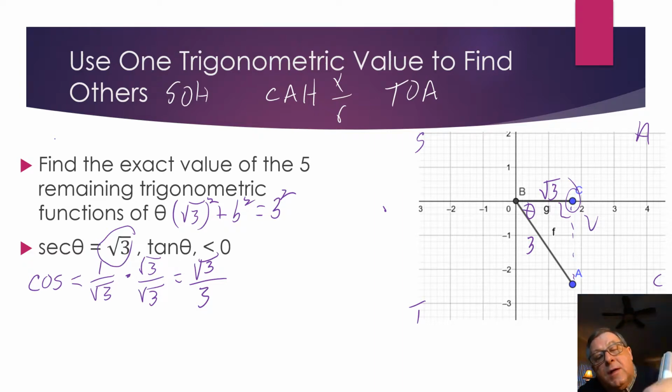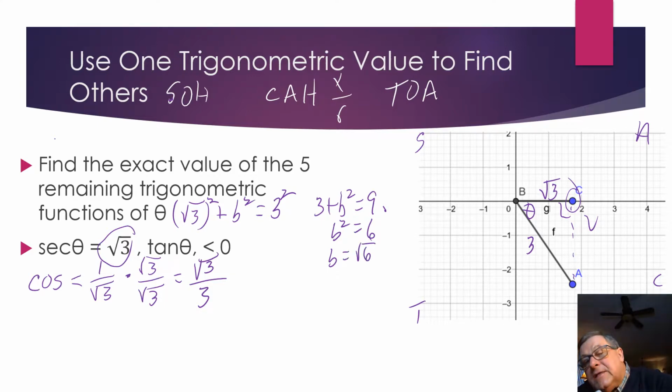So then this is going to equal 3 plus b squared, and that's going to equal 9. We subtract 3 from both sides, and we've got b squared is equal to 6. Take the square root of both sides, and b is equal to the square root of 6. So this is the square root of 6.